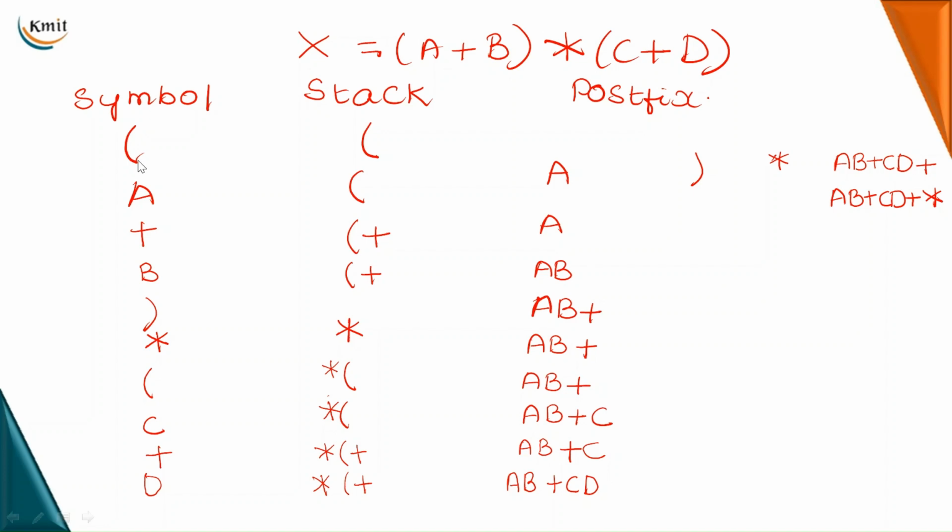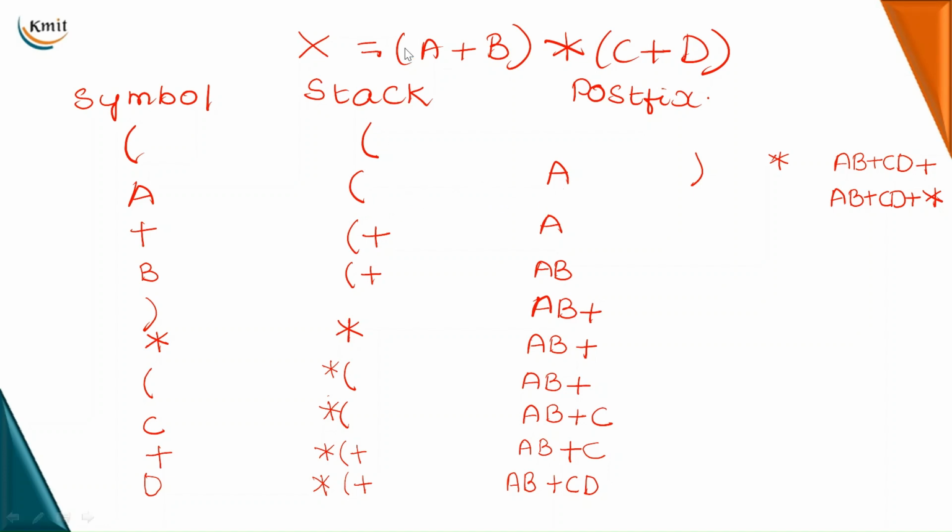Open parenthesis. Since this is an operator, it has to be pushed into the stack. So here you don't have anything. Next, A. A is an operand, so you should not push it into the stack; you have to write it in the postfix column. The same open parenthesis will be in the stack column.